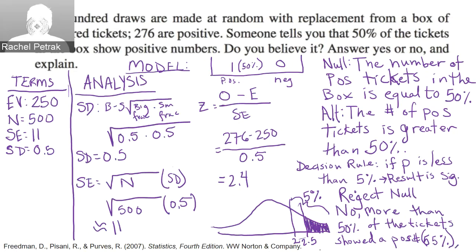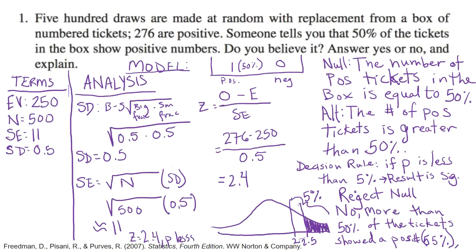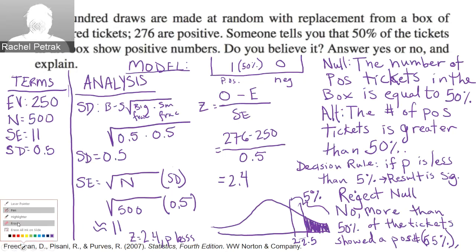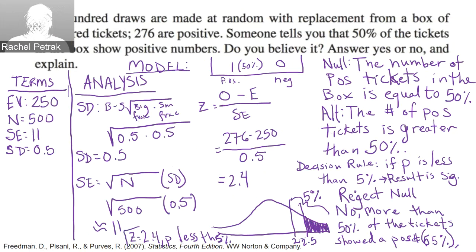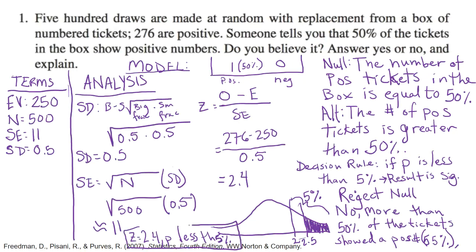And to complete our sentence, we should put in the z equals 2.4 and that the p is less than 5%. Now we should have this at the end of the sentence, but I've run out of room.